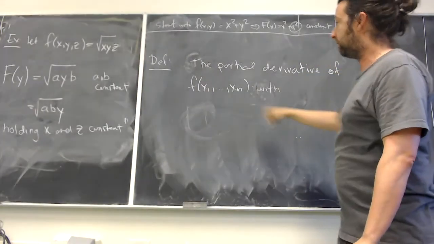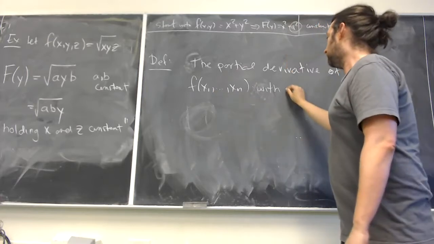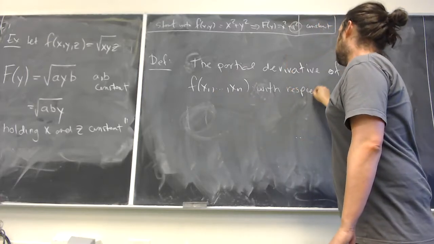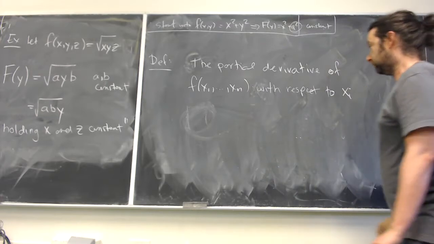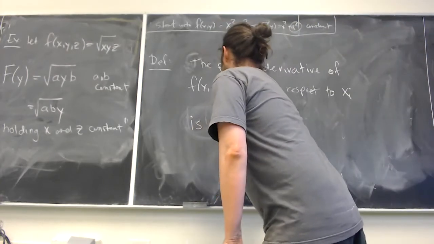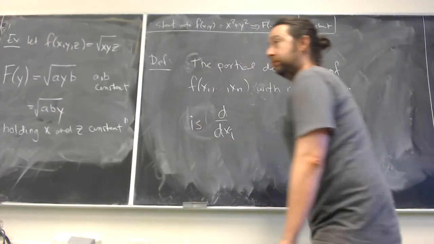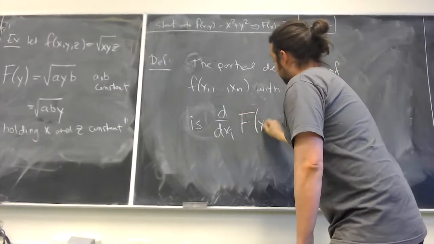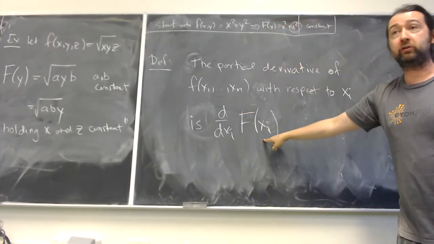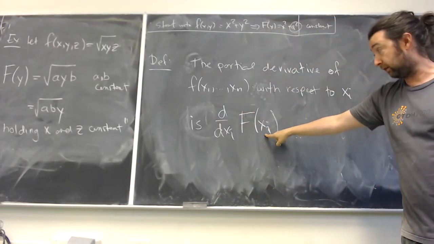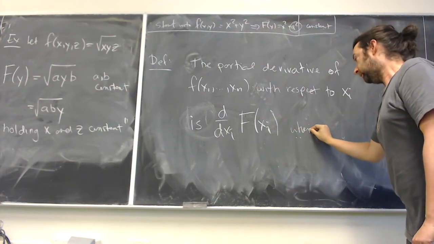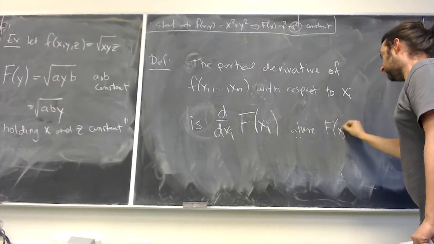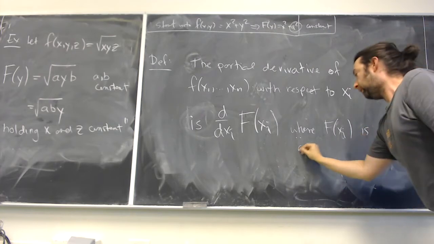The partial derivative of this n variable function with respect to xi is d by dxi of f of xi, where f of xi is the partial function that you get with respect to xi.